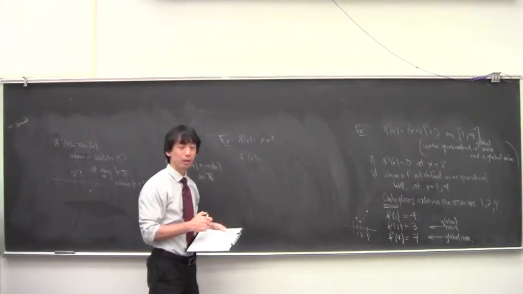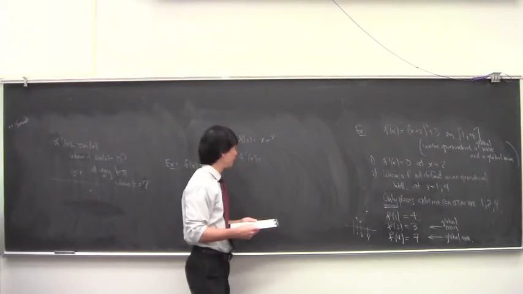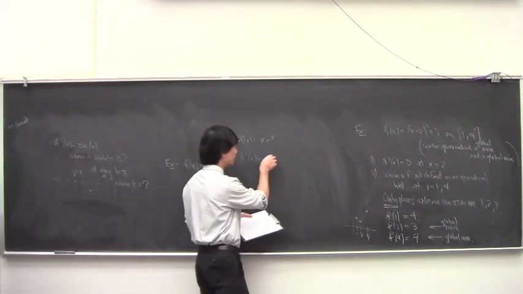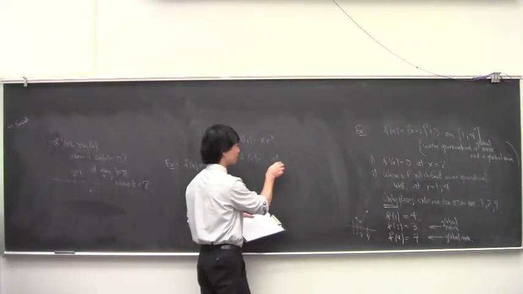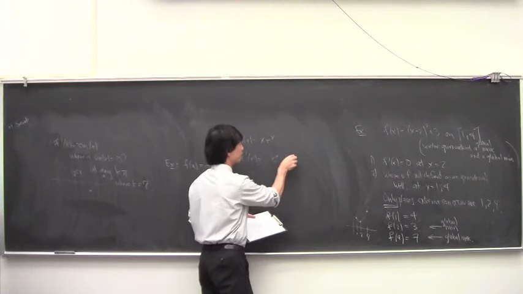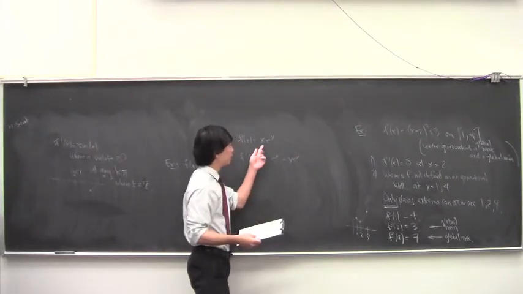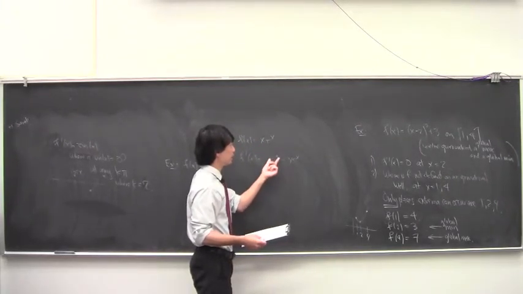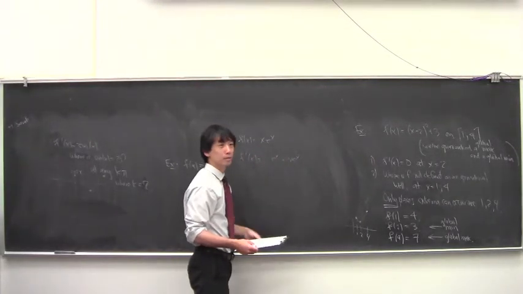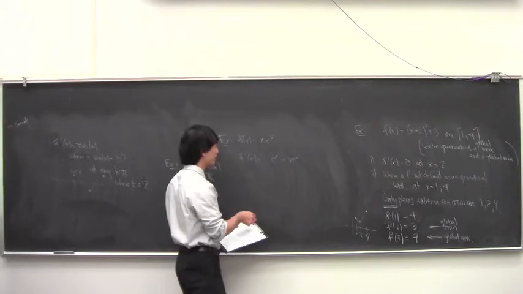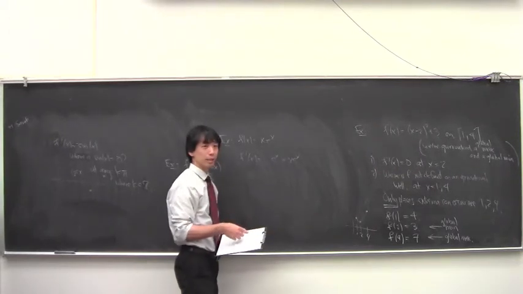Okay, so what do we get? f prime is what? It's e to the x plus x e to the x. The derivative of the first guy, 1 times the second, plus the first guy times the derivative of the second. So is that equal to 0 anywhere?